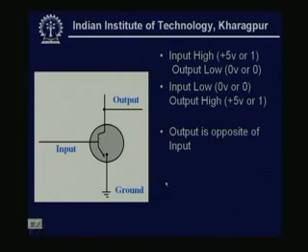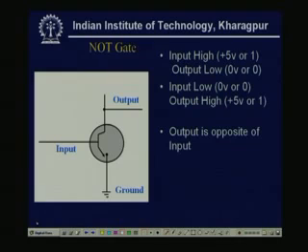Now, we see that this is a NOT gate, the same thing we have taken, because NOT means that what I am applying to the input, I want this to be inverted. Say my input is A, using some notation A. So, input high, a high voltage plus 5, I am representing as 1.